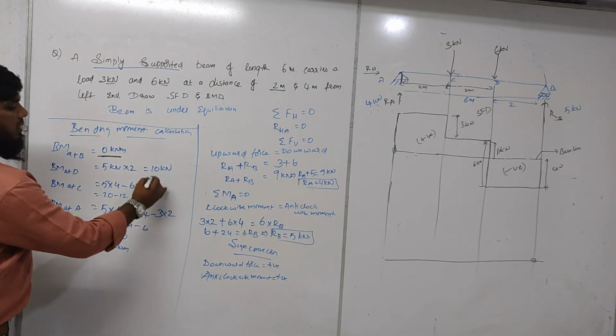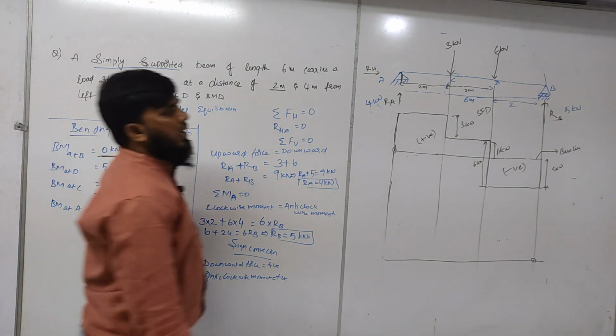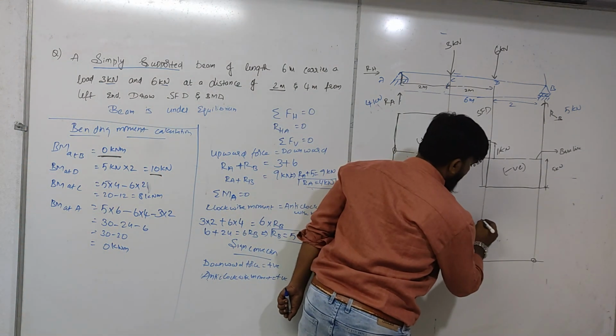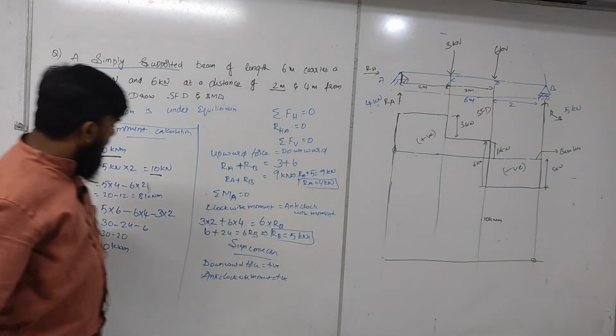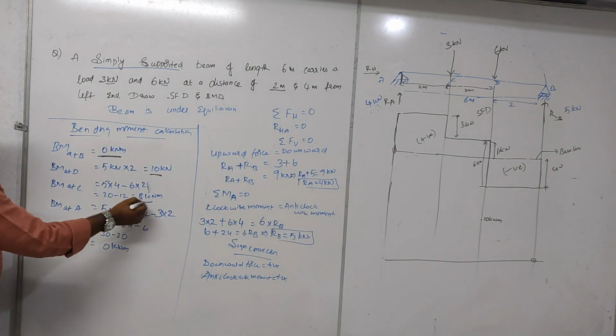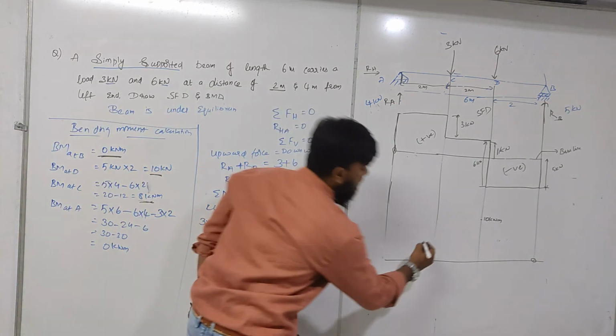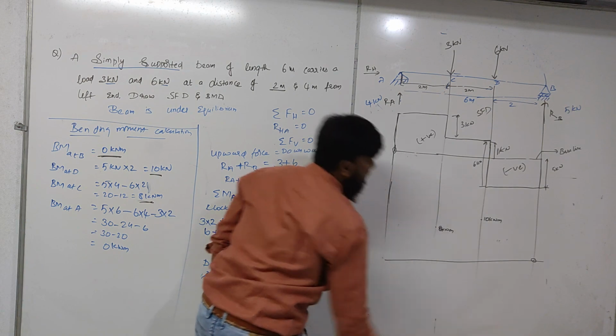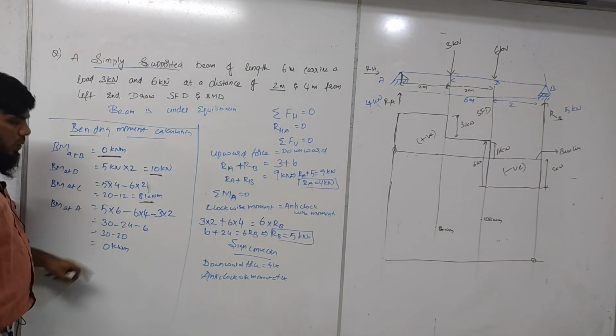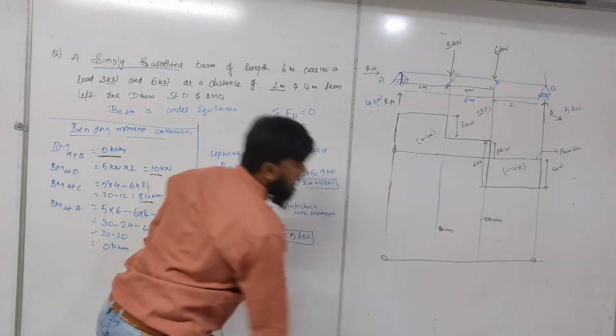Next at point D we have got 10. Next at point C we have got 8, so it should be less than 10. Next is 0, so I will write 0 here.